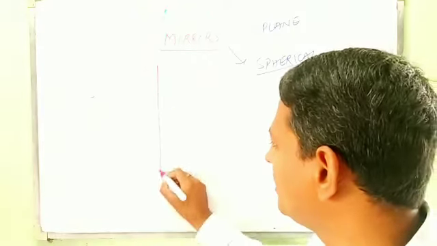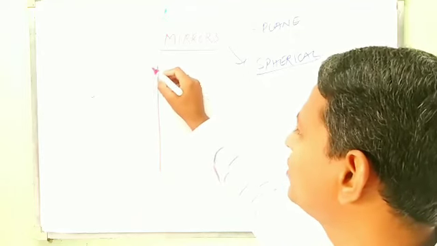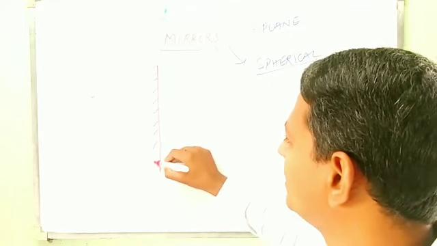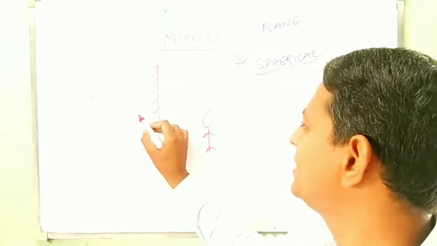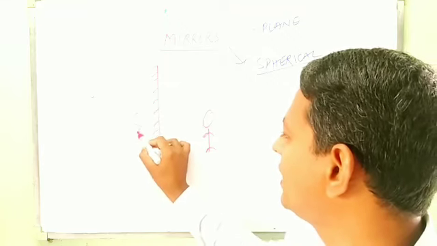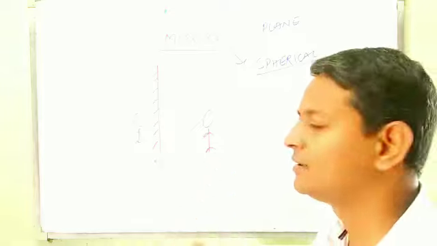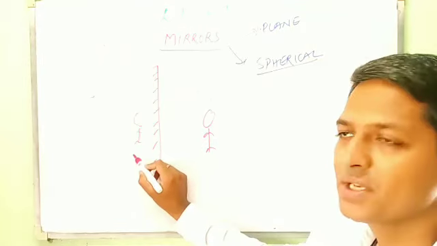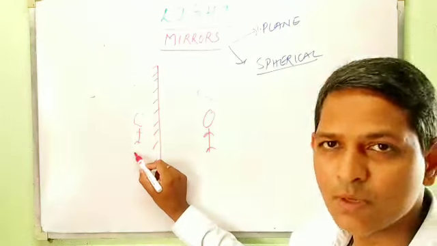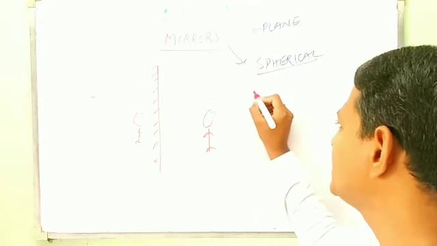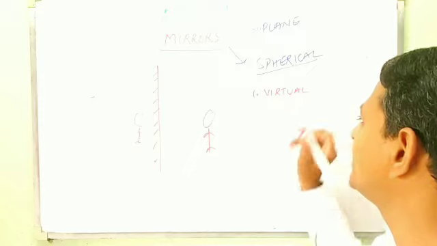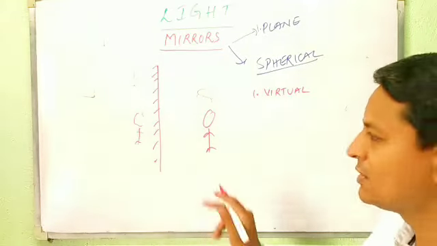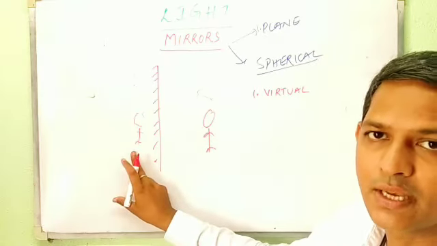If this is a mirror with a coating on this side, and someone stands here, you can see an image inside. What kind of image is it? Can this image be caught on a screen? This image cannot be caught on a screen. So this image is called a virtual image, because it cannot be caught on a screen.